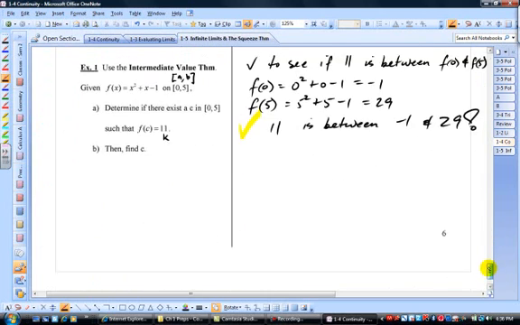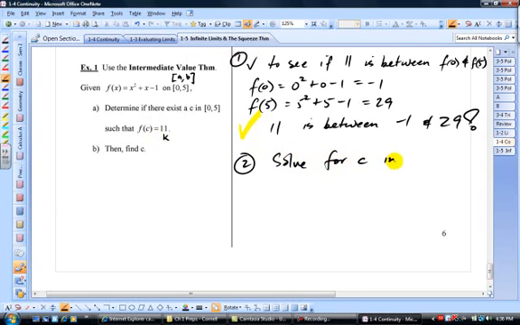So what I have to do is set the function equal to 11 and find that value. This is my step 1, and my step 2 is to solve for c in 0, 5. It has to be a value in that closed interval.